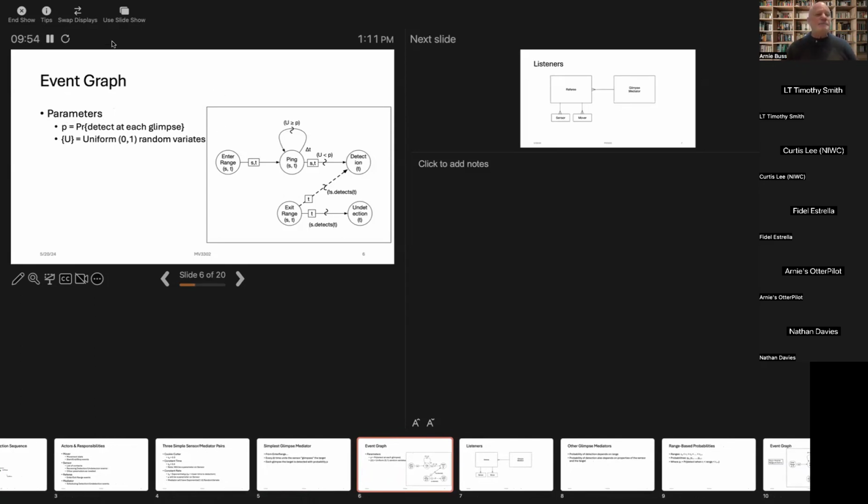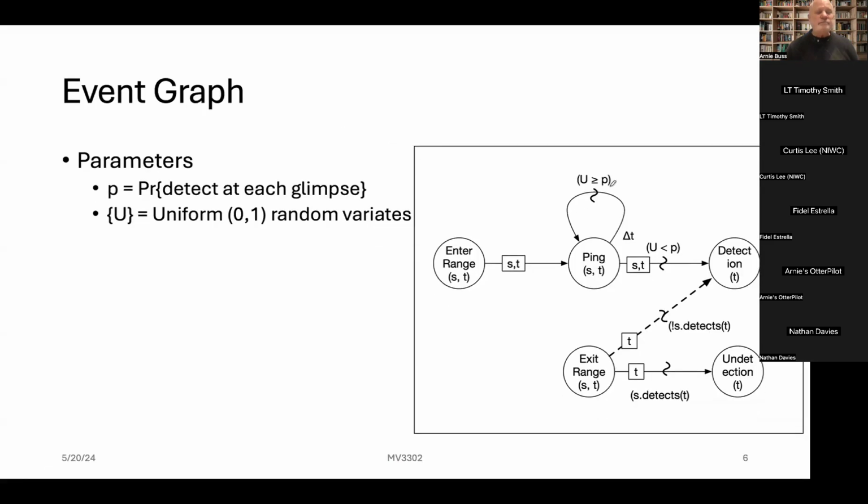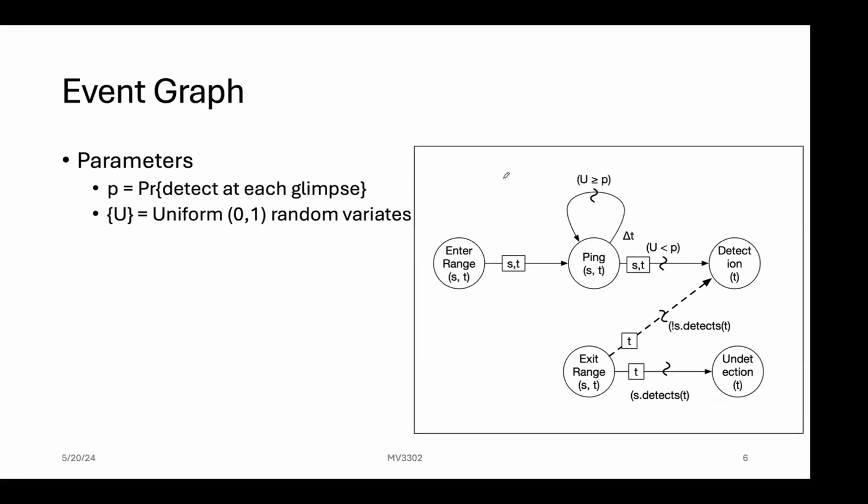But this would be the way the mediator looks. It would have enter range with the sensor and the target as its arguments, and it would have, oops, I forgot the parameter, delta T, which is the time between your pings.